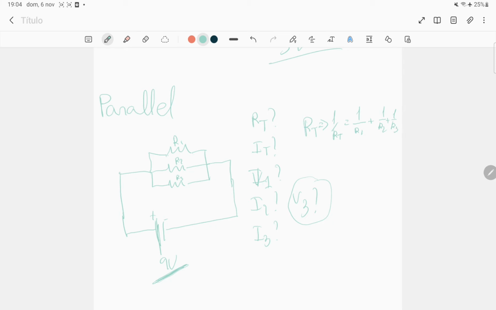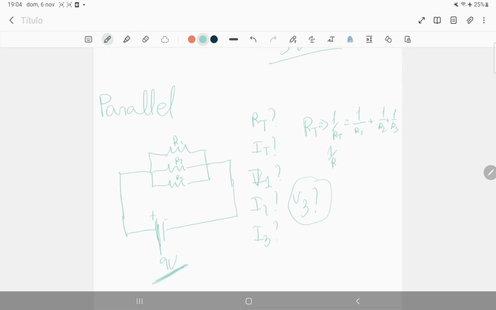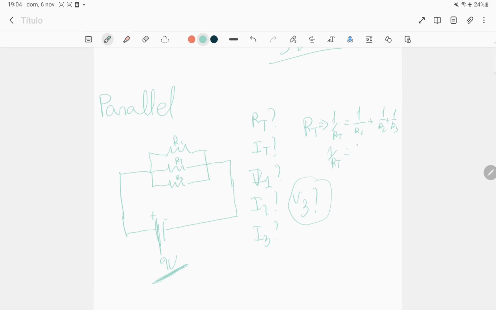Okay. 1 divided by RT is, I don't put the values, 2 ohms, 3 ohms, and 6 ohms.